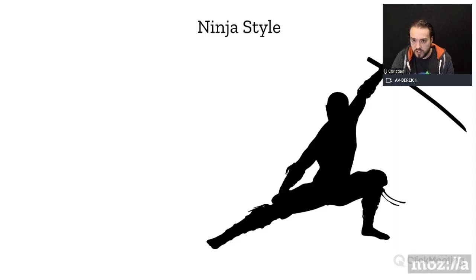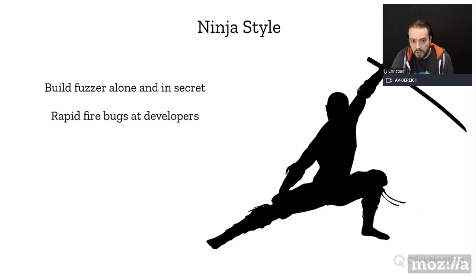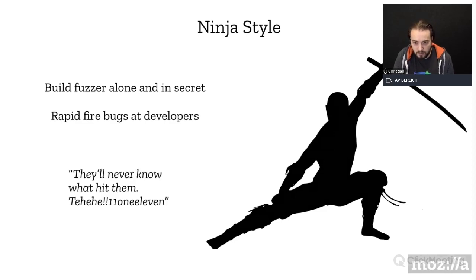I'm going to start out with a big don't, or a situation that shows some anti-patterns, and I call this the ninja style of fuzzing deployment. This might seem extreme as an example now, but actually I've seen this even happening in reality, especially in security. This ninja style essentially means you build your fuzzer alone and in secret, and then you rapid-fire bugs at the developers, and you feel somewhat superior when you've done that.